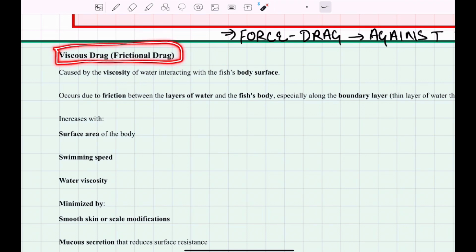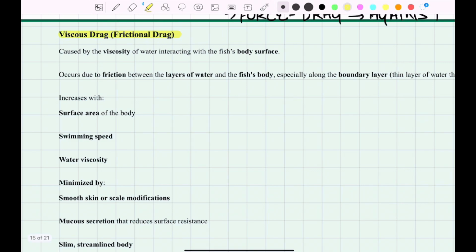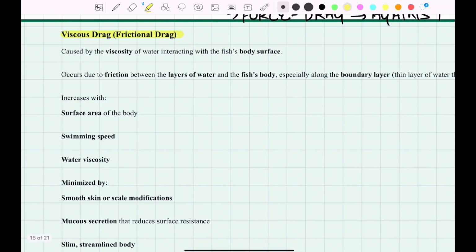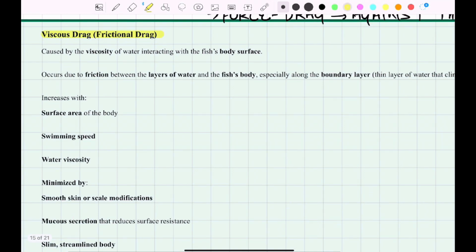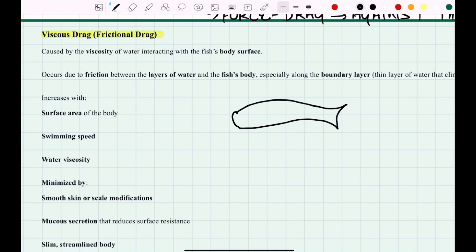Firstly is the viscous drag, or the frictional drag. It happens due to the viscosity of the water, and it occurs due to the friction between the layers of water and the fish body. If this is the fish body, there will be a viscous drag due to the layer of water and the fish's body.